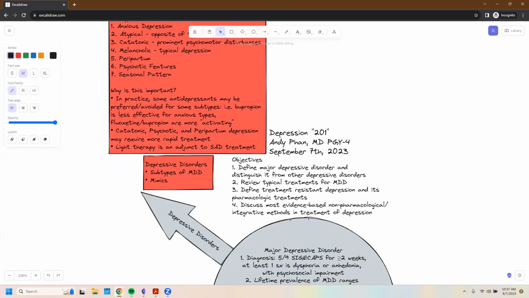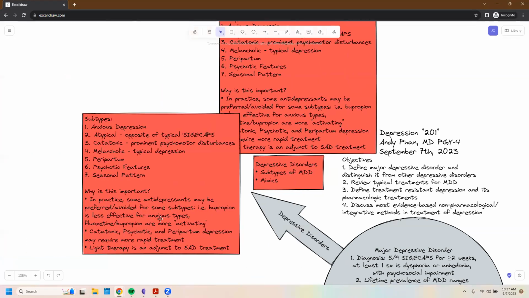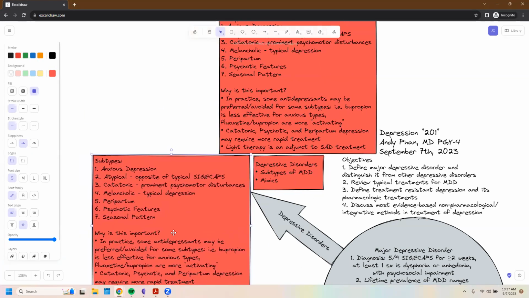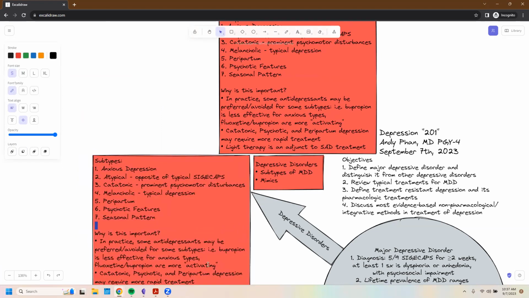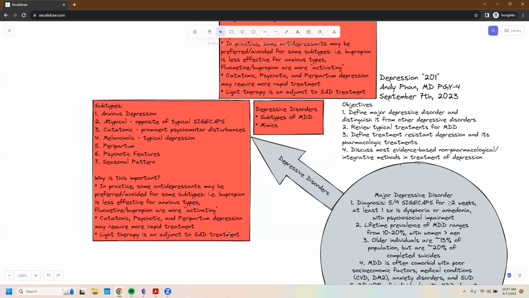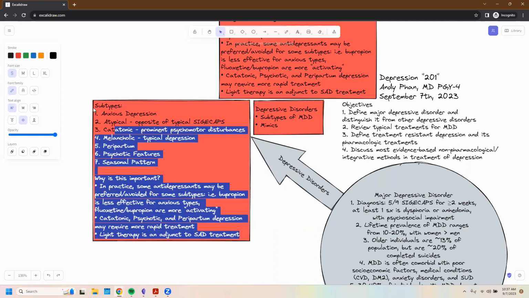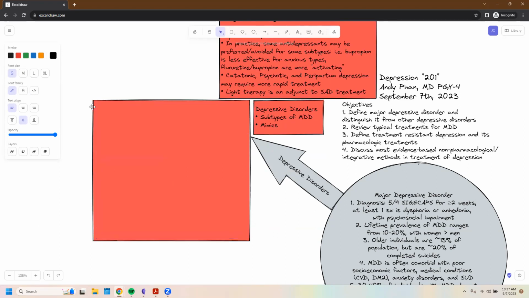The next thing I want to talk about are the mimics. What are some other psychological, psychiatric conditions that are very similar or close to major depressive disorder? What do y'all think?